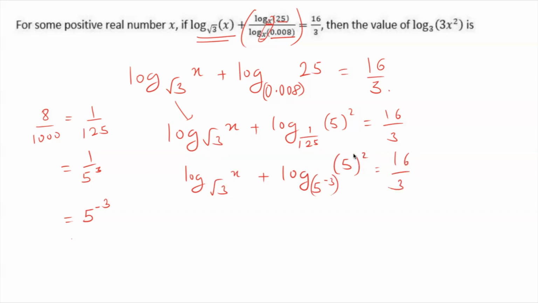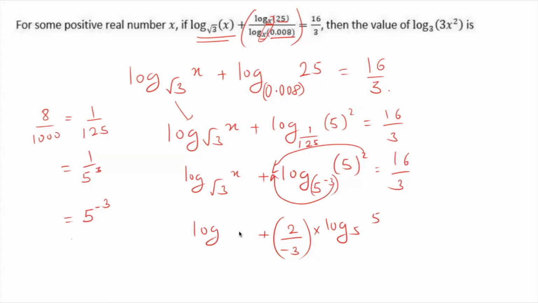If you have the power in the given number, that comes in the numerator. And if you have power in the base, it comes out in the denominator. So log of 5 squared to the base 5 raised to minus 3 can be rewritten as 2 upon minus 3 into log of 5 to the base 5. And the next term is as it is, log of x to the base root 3, which is equal to 16 by 3. Okay, everything as it is now.